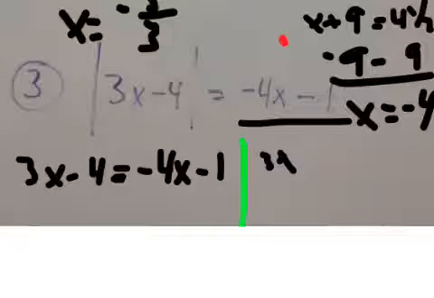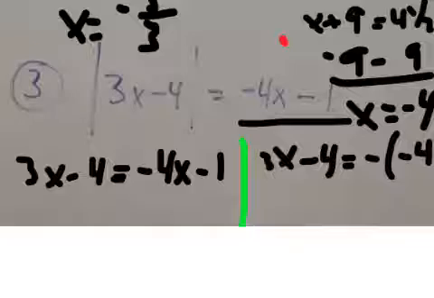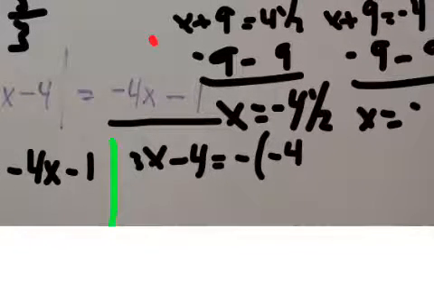You're going to have 3x minus 4, and we're going to do the opposite of the negative 4x minus 1.